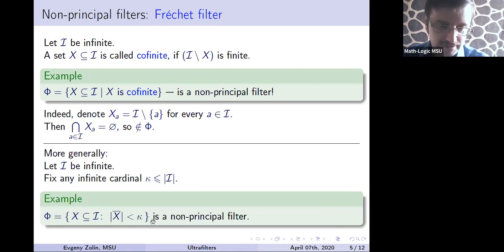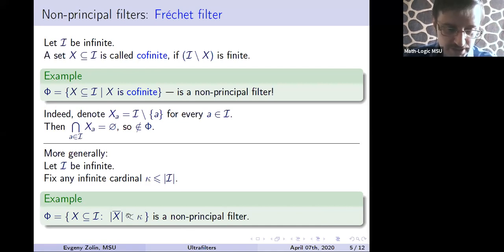Again, in the case when I is not countable but a bigger set, for example, the set of real numbers, here we obtain some interesting filters with some interesting properties. We will see later which properties are unusual for countable I. We can't build filters with these properties for countable I, and for uncountable we can.